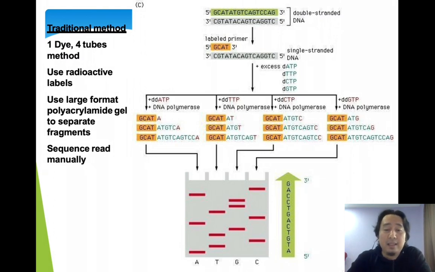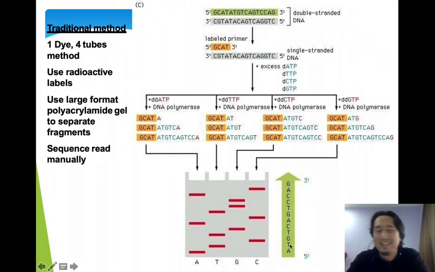But in this Sanger method, this is actually 5 prime to 3 prime. For example here, this is A. The first one is A. And the second one is T. T from here, T goes to here.